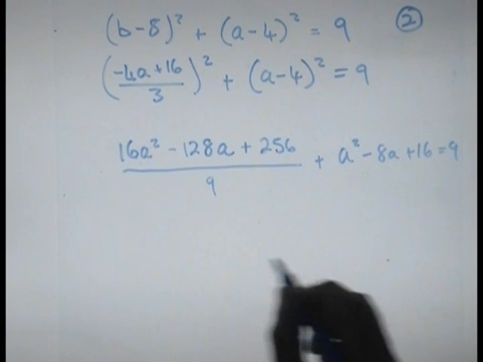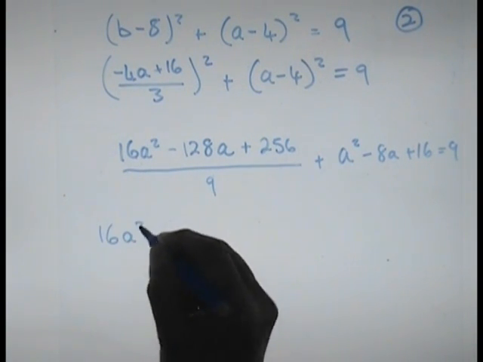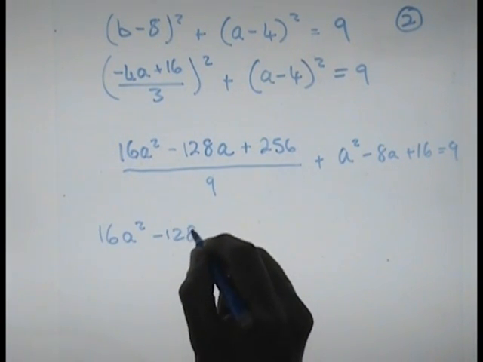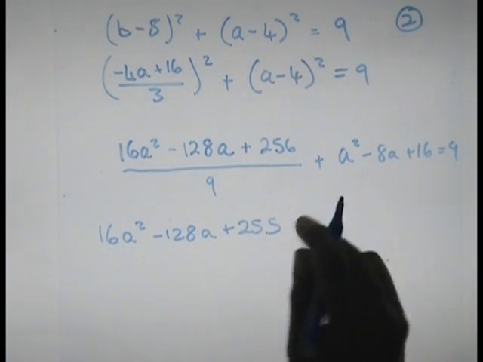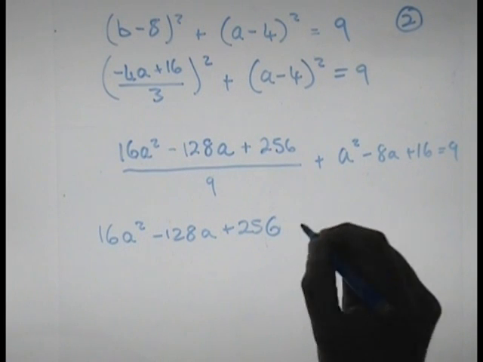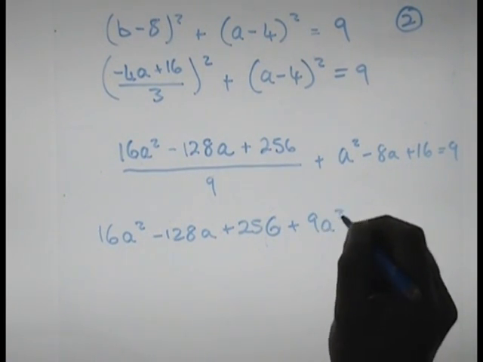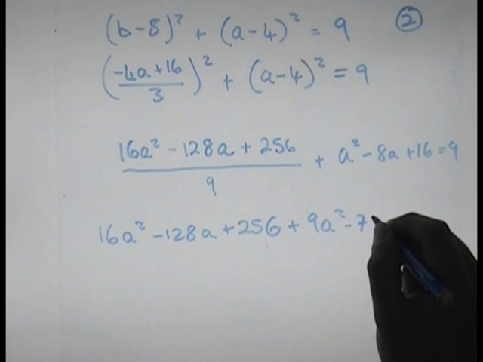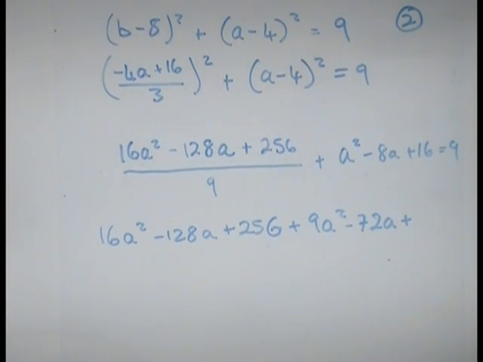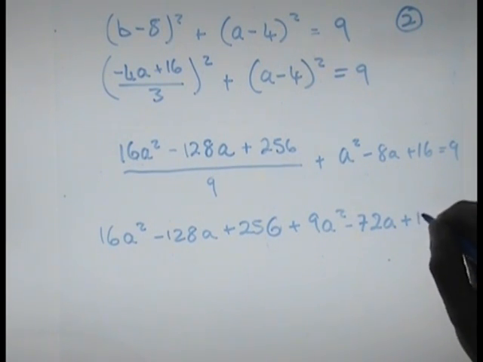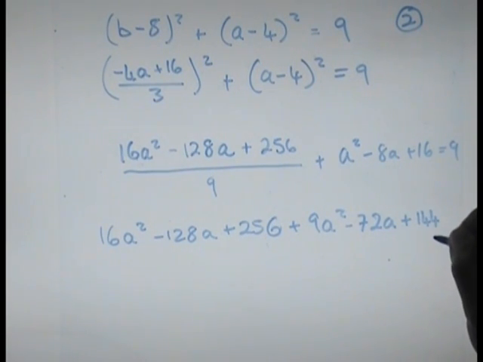Common denominator of 9, that means that 16A squared minus 128A plus 256 plus 9A squared minus 72A plus 16 times 9, which is 144, minus 9, minus 81, is equal to 0.